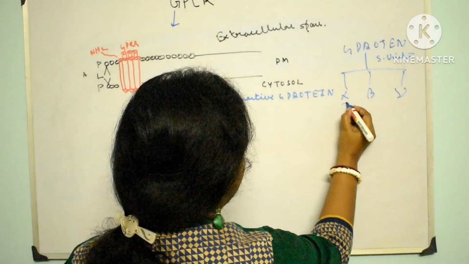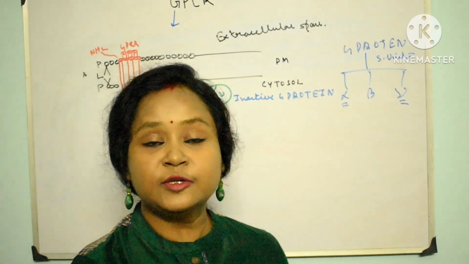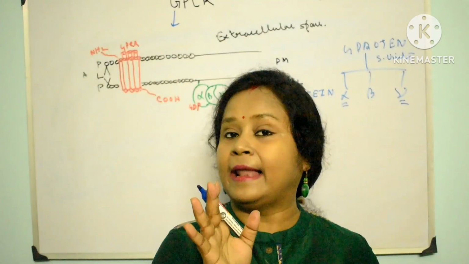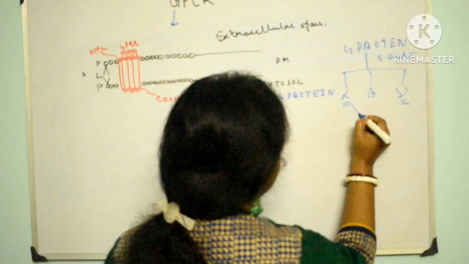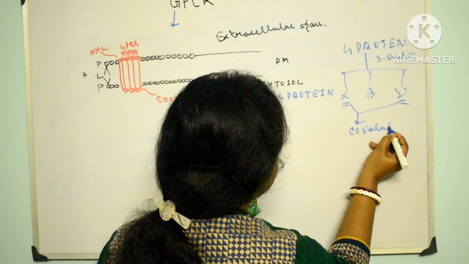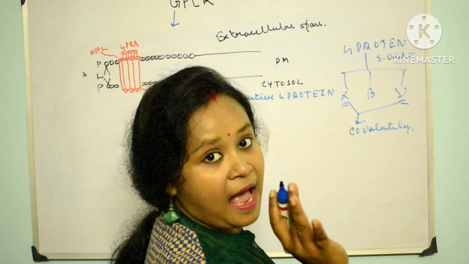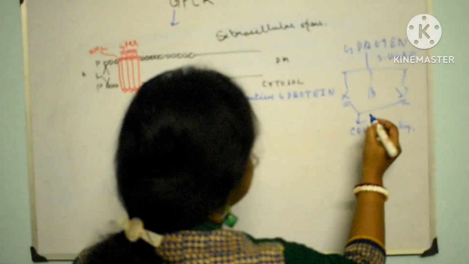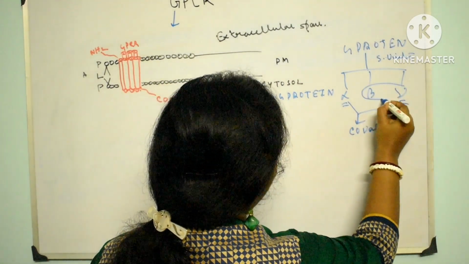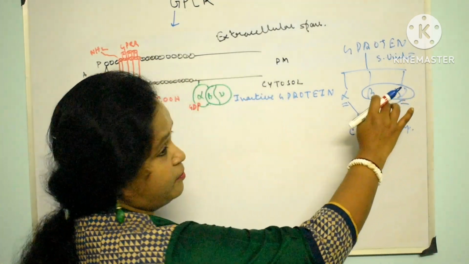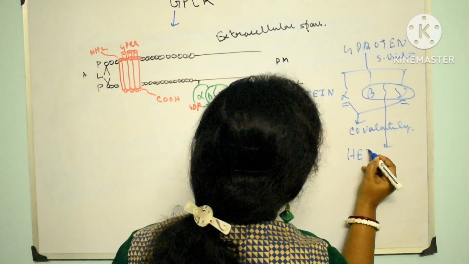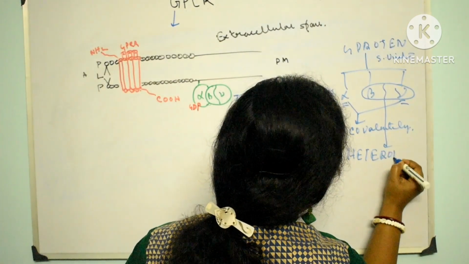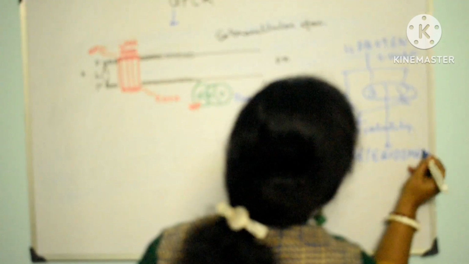Okay, these alpha and gamma are anchored to membrane lipids covalently. Note this very carefully. Alpha and gamma are attached to membrane lipids covalently. And this beta subunit always binds with the gamma subunit, and this forms a heterodimeric structure.